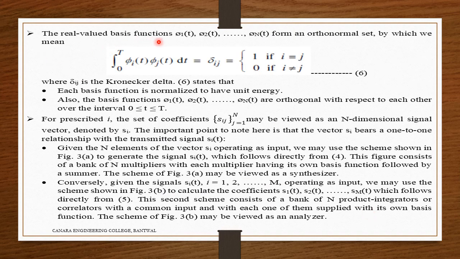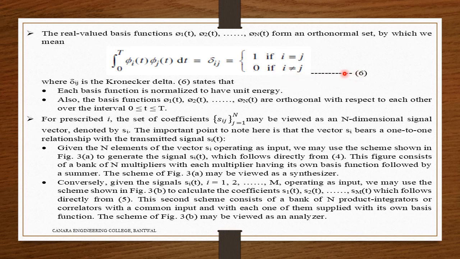The real valued basis functions phi 1 of t, phi 2 of t, so on up to phi N of t form an orthonormal set, by which we mean the integration from 0 to capital T of phi i of t into phi j of t into dt is equal to delta ij, that is equal to 1 if i is equal to j, and it is 0 if i is not equal to j.